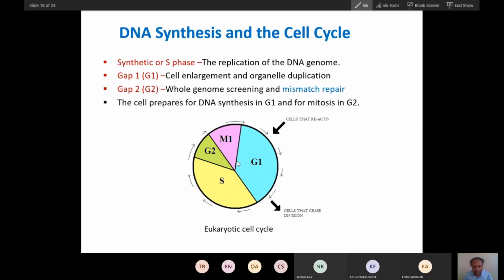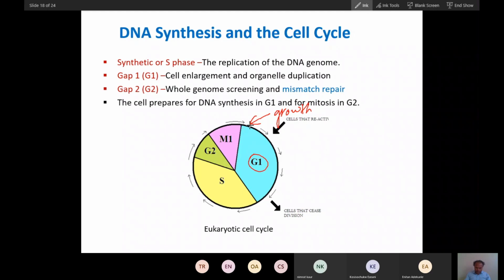So what will happen is, from G1 phase, this is the GAP1 phase, and this is S phase. At G1 phase, the cell takes growth factor. You can take the example of embryogenesis, where there is continuous cell division.